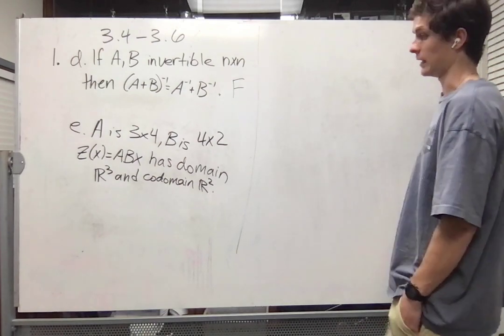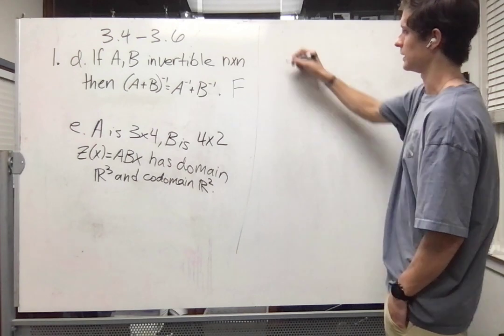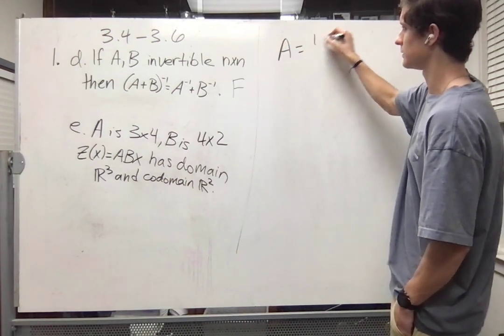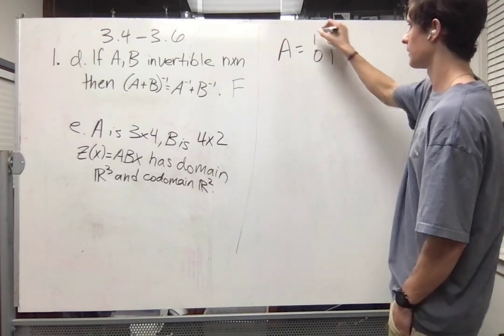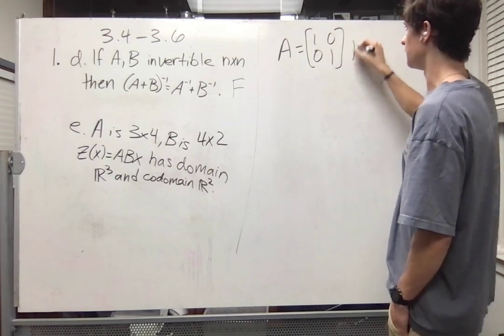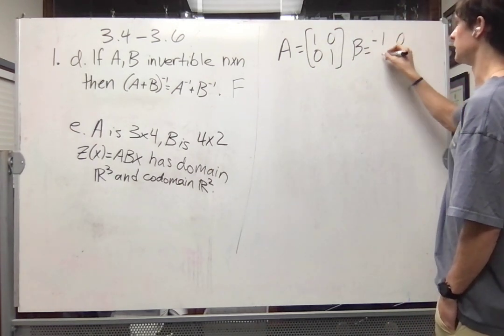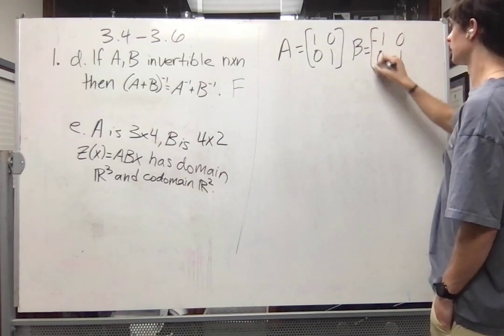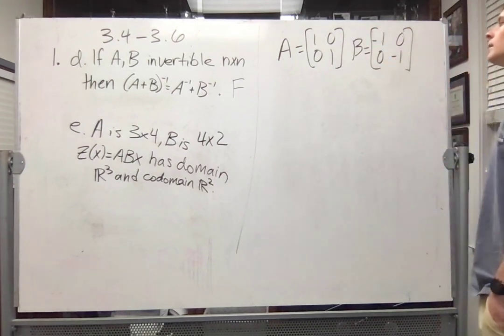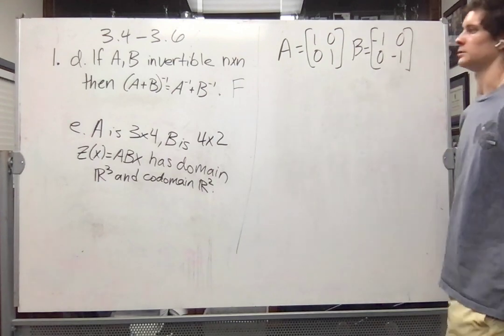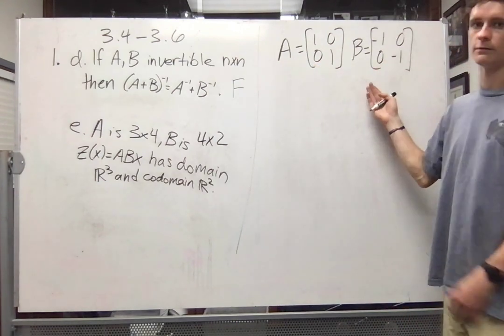So I think the easiest example that does this is A is the identity, and B is also the identity, but we're going to change it to be -1 times the identity. So we should agree that A and B are both invertible.